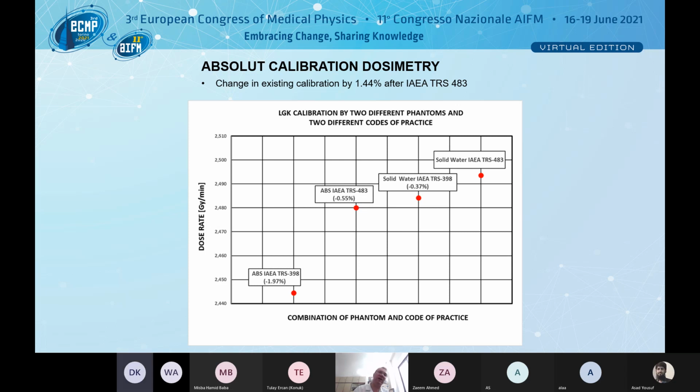So it's no disaster. It's not that this new protocol means that you will have to send a letter to like 20,000 patients that you treated till now and tell them that you were actually 15% off. Of course not.